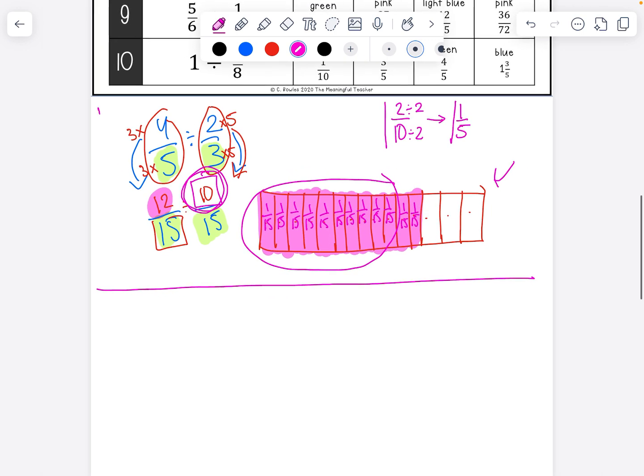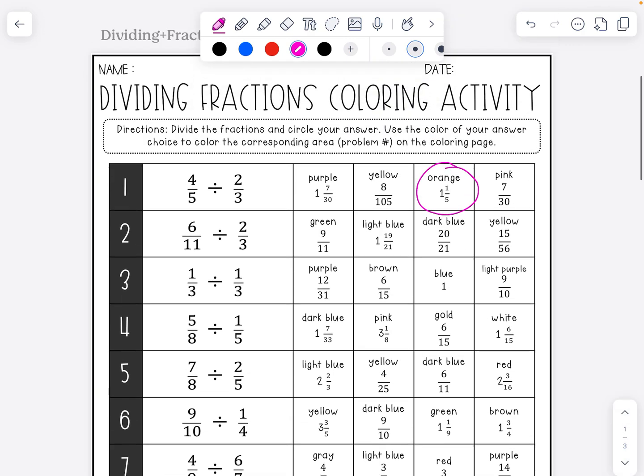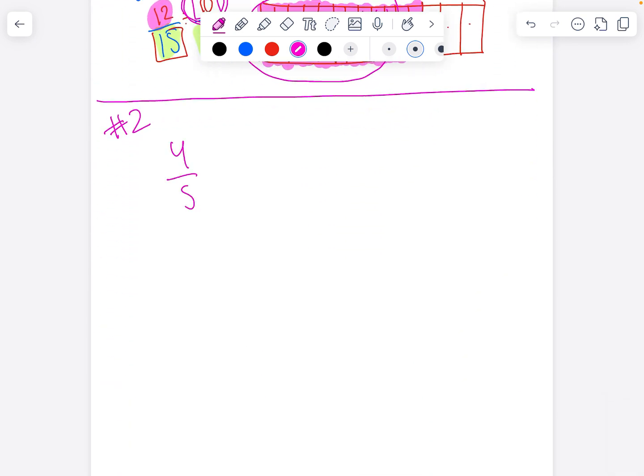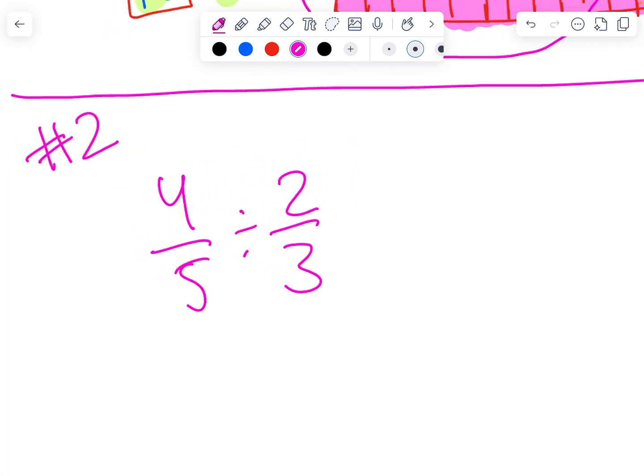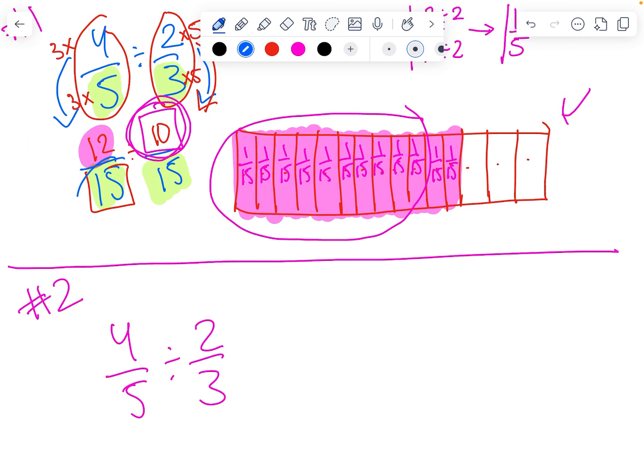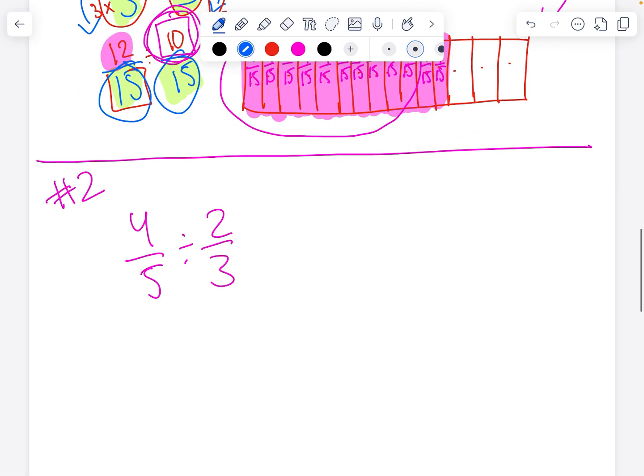So this is the first way you can solve the problem, and here is the second way. I'm going to take my same fractions, 4/5 divided by 2/3, and put it down here. And remember, in order for this to work, I still have to make the denominators the same. The way we did that up here is we made both of the denominators 15. So I'm going to do the same thing.